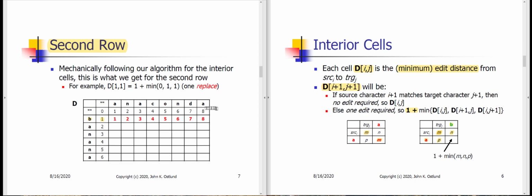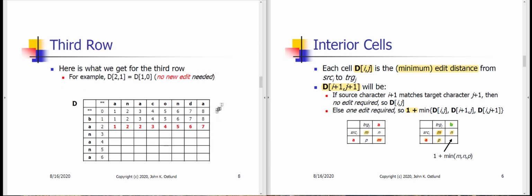as we have increasingly long prefixes. Then for the next row, notice that if we start with the prefix B, we had to do a deletion to cause B to be converted into an empty string.